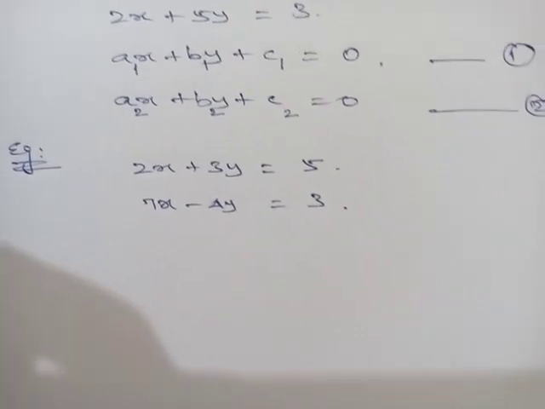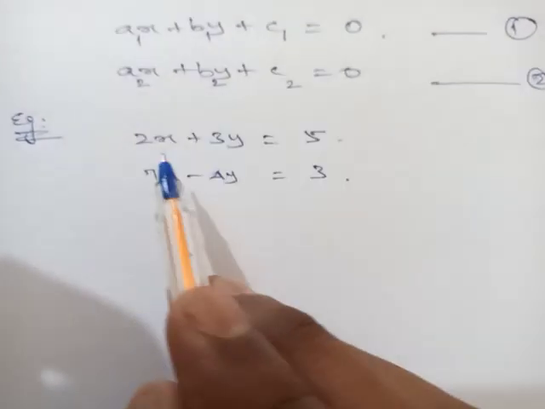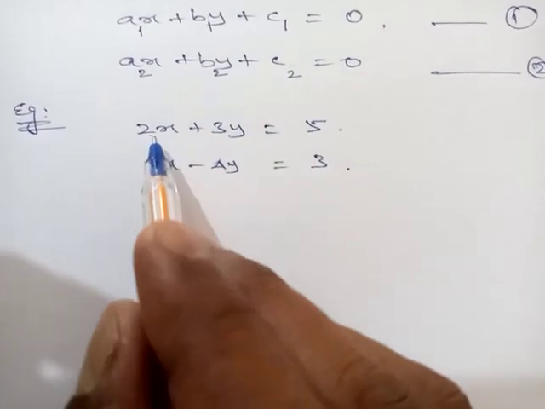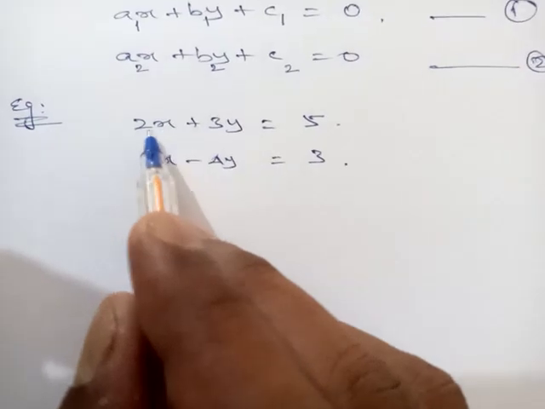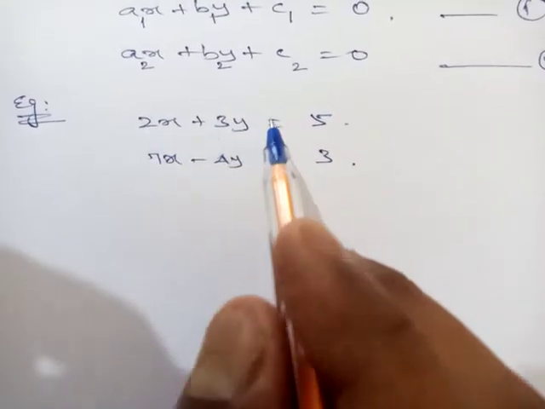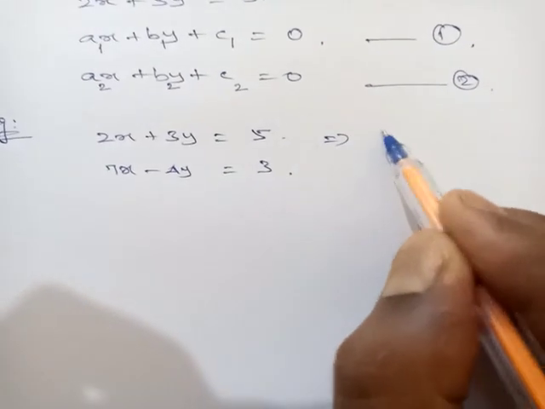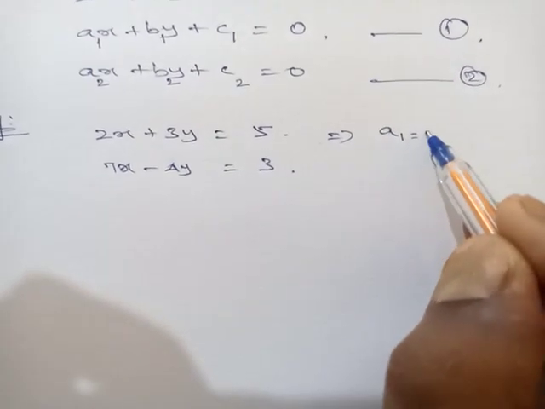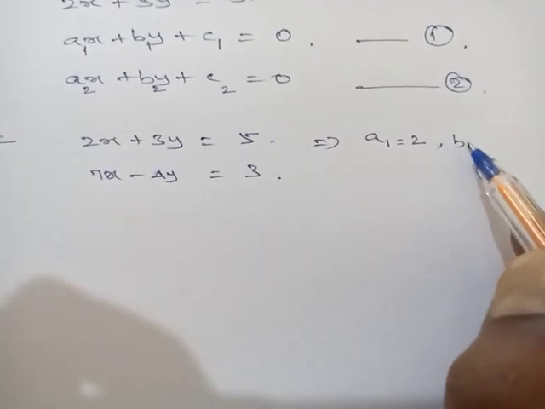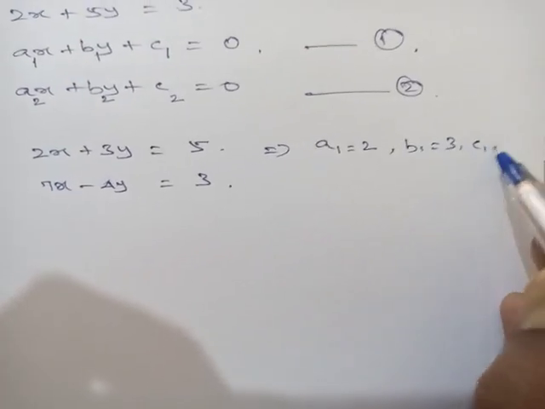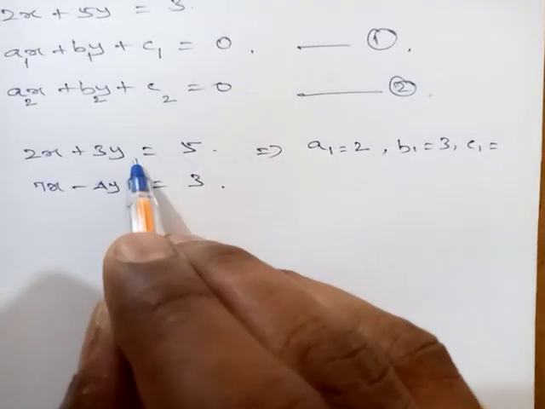This is another equation. Now see, from the first equation we can say the constants are 2, 3, 5. That is the coefficient of x, the coefficient of y and the constant. From this we can say the a1 value is 2, the b1 value is 3, and for c1, bring this constant to the left hand side: minus 5, right?